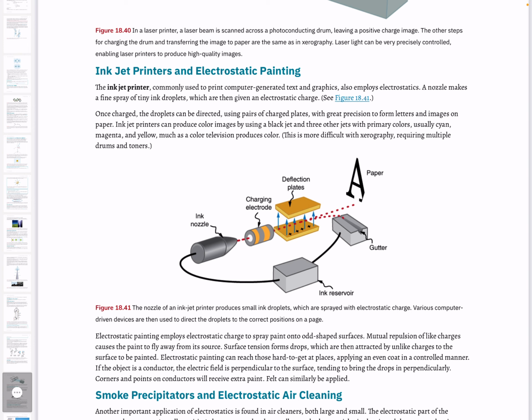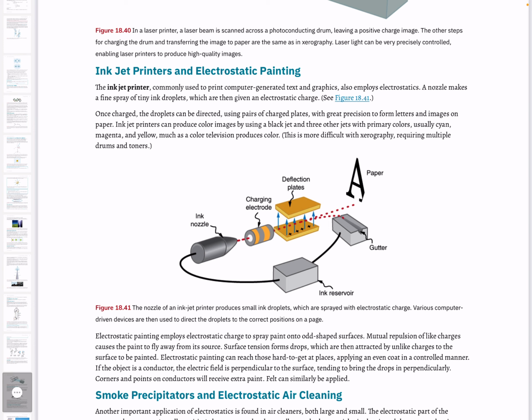So there's an ink reservoir. The ink reservoir sends to the ink nozzle. The ink nozzle sprays droplets of ink. It gives them some initial velocity, so they'll go through the charging electrode.